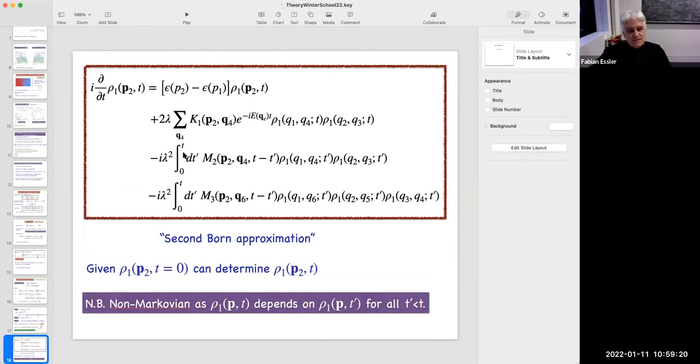Now, there is one important thing to note. This reduced density matrix at time t depends on all reduced density matrices at earlier times. So we say this is not Markovian, because it depends on the history of the system from time t equal to 0 all the way up to time t. This is what this time integration here signifies.